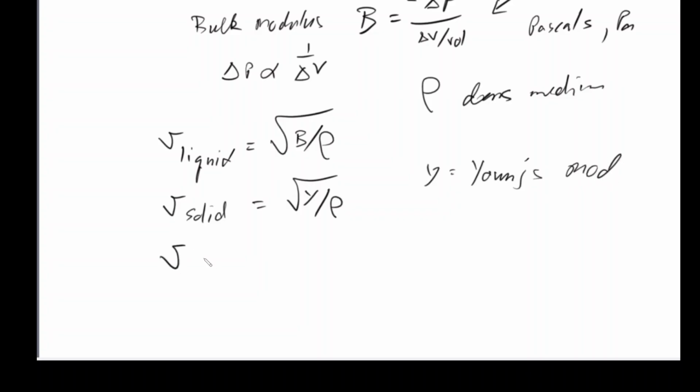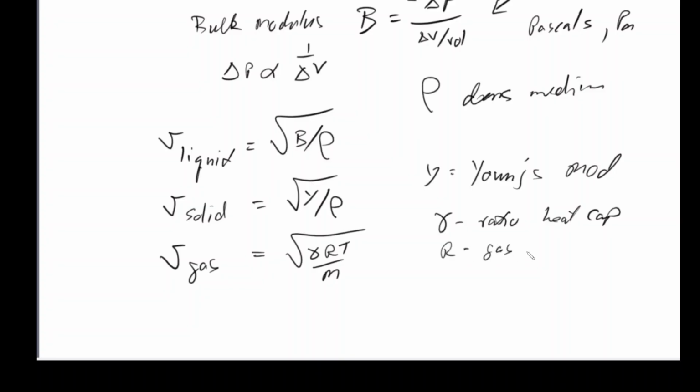And if we're looking for the velocity of sound in a gas, that becomes the square root of gamma RT over m, where gamma is the ratio of heat capacities, R is the gas constant, and m is the molar mass.